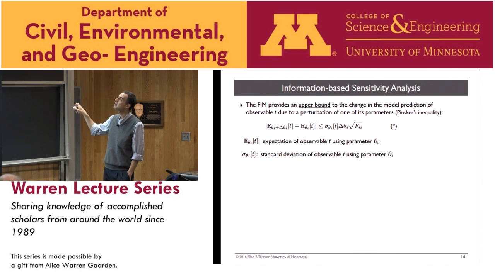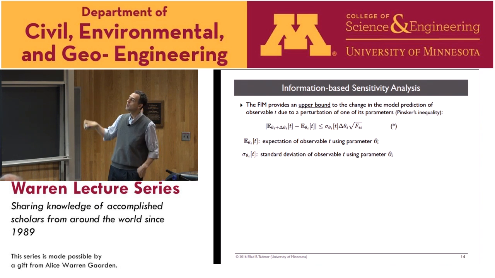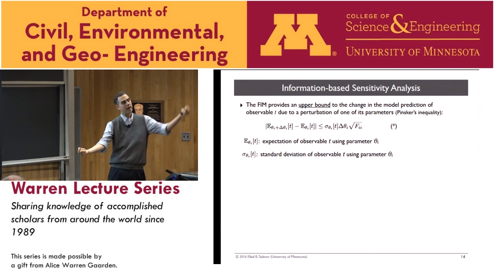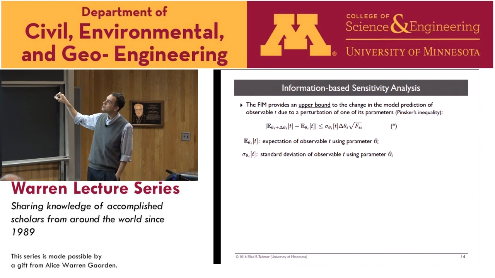There's something called the Pinsker inequality that tells you, if you have a model and it's based on a bunch of parameters, and now you change one of those parameters slightly, how will an observable change that you're predicting? And so the change between what you expect to see for some observable t, if you perturb one of the parameters, change theta_i to theta_i plus delta theta_i, that's what you would see for that new model, minus what you see for your current model, is bounded by this expression.